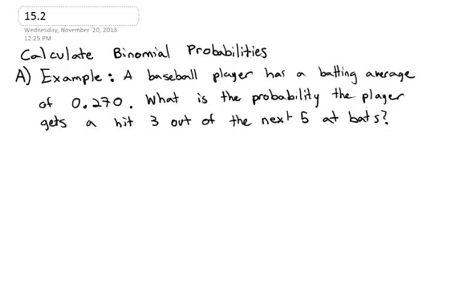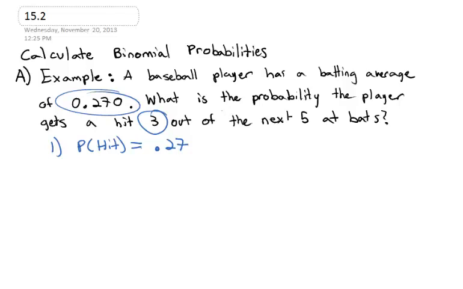And to kind of set this up, we're going to break this down into pieces. The first piece is the probability that he gets a hit. Now we can see just from the problem, his batting average of 0.27. That's the probability he actually gets a hit. And so we want that to happen 3 times. We want 3 hits. But we also want 3 out of the 5.